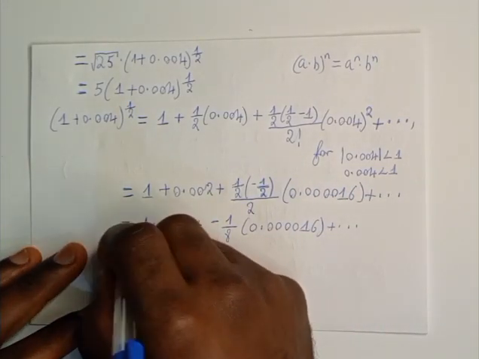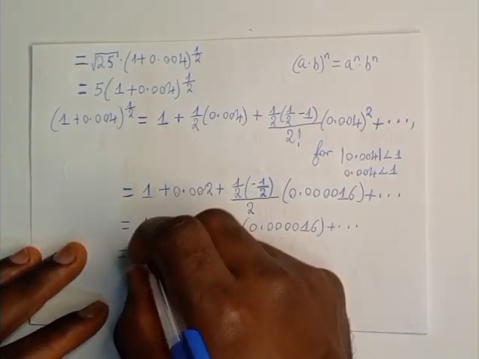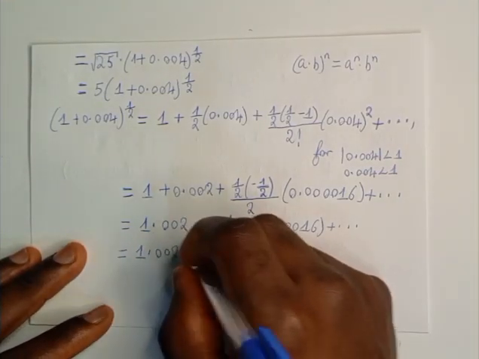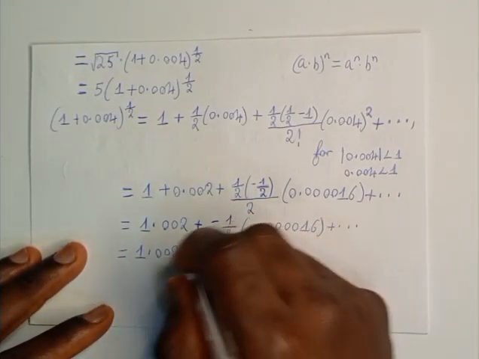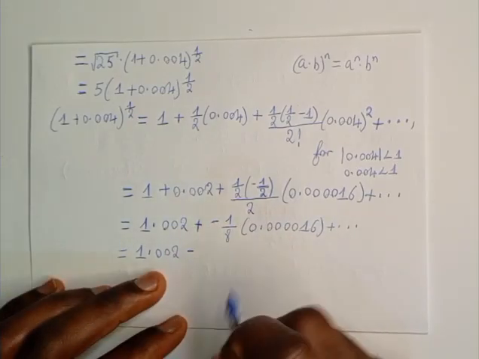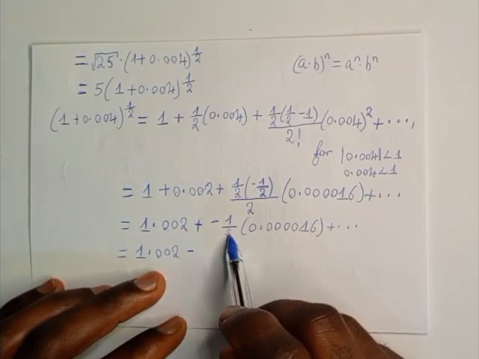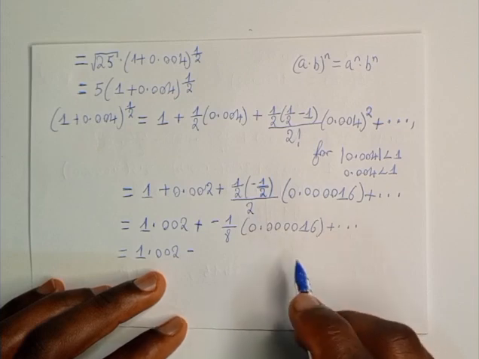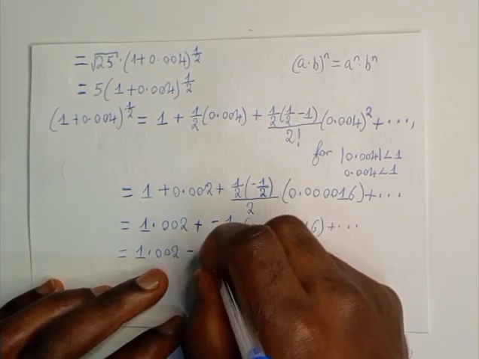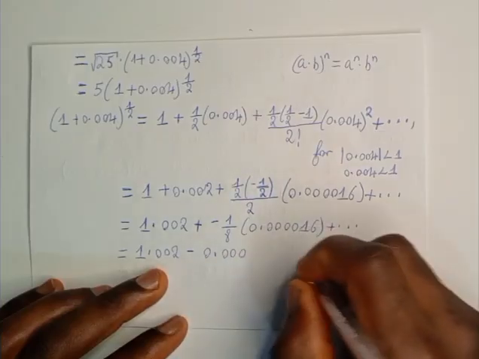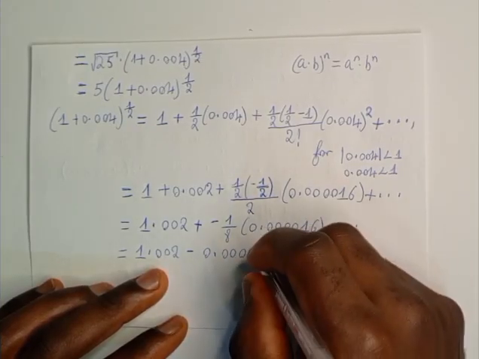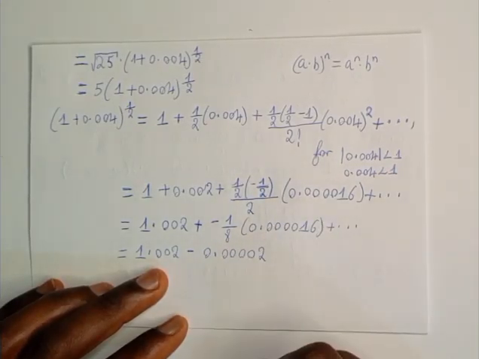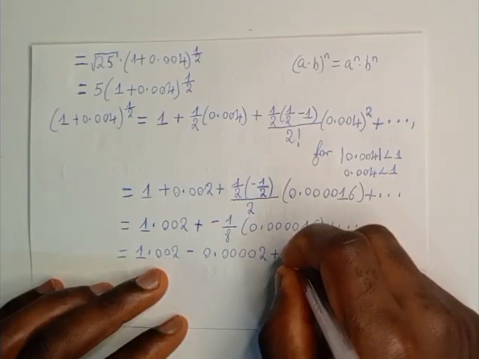And this will simply be equal to 1.002 minus, simplifying 1/8 times 0.00016, it will simply give us minus 0.00002, plus the 3 dots.